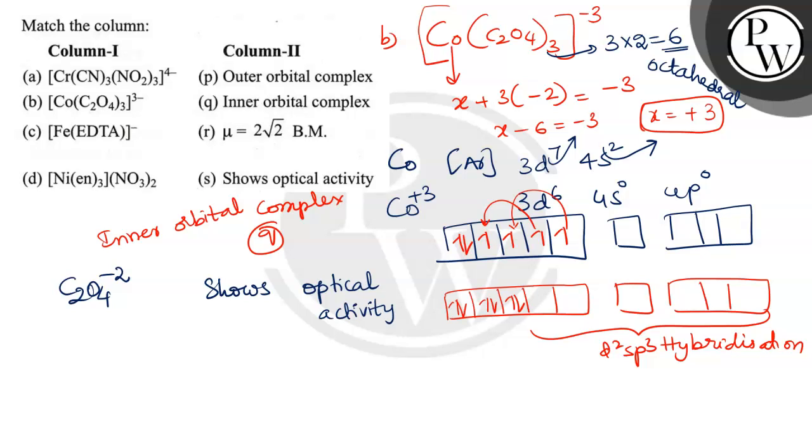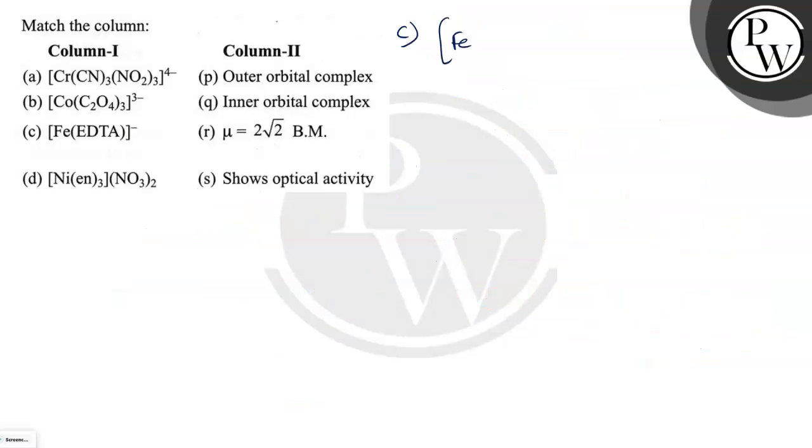Even en, ethylene diamine, containing complexes also exhibit optical isomerism and show optical activity. So it is matching with the Q and S. So B option is matching with Q and S, and next we'll see the C option. In C option, what we have? Fe.